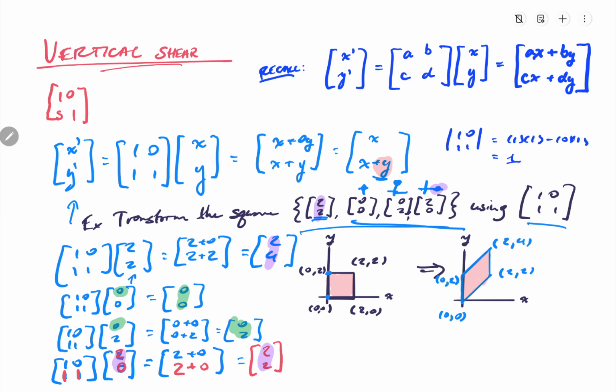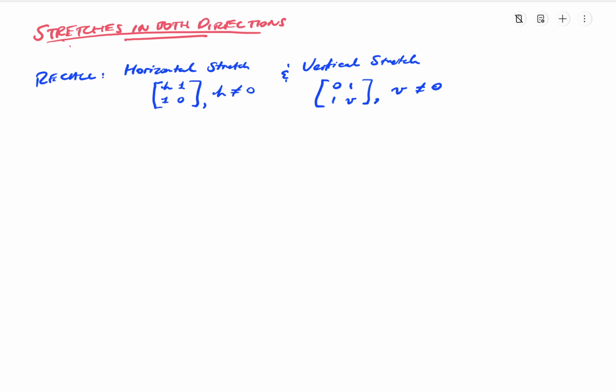Now, we've looked at all 4 of them individually. Let's look at some combinations and then see how those might change as well. All right, so what we have on the screen, remember back in part 1, we looked at horizontal stretches and vertical stretches.